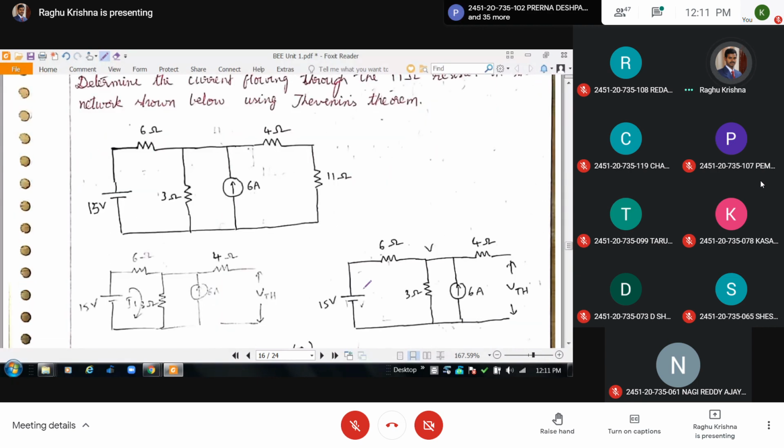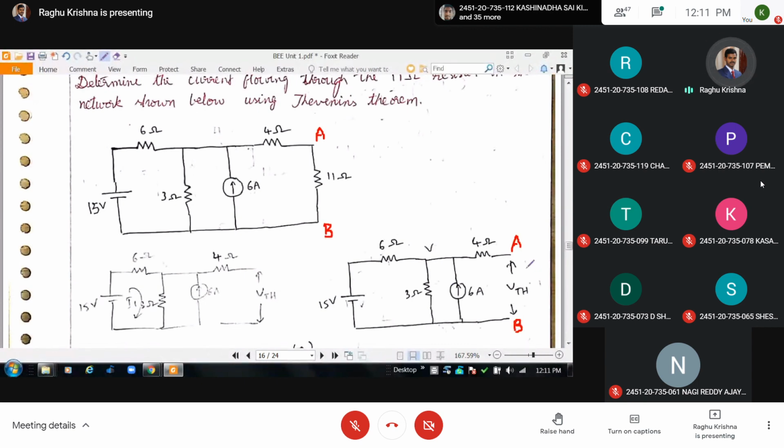For that, first you have to find the voltage VTH. Now this becomes the terminal A, and this becomes the terminal B. The voltage across AB is VTH.